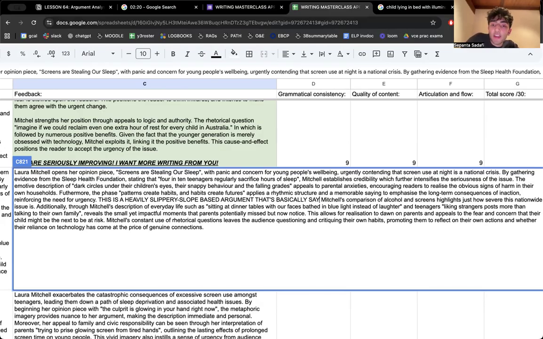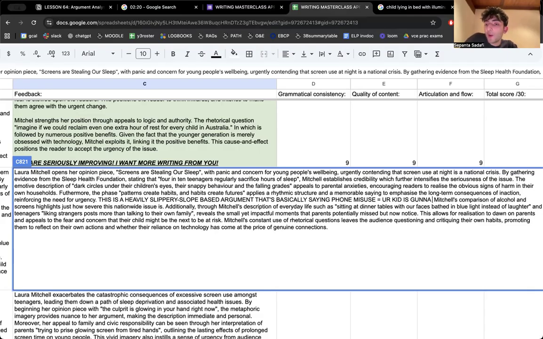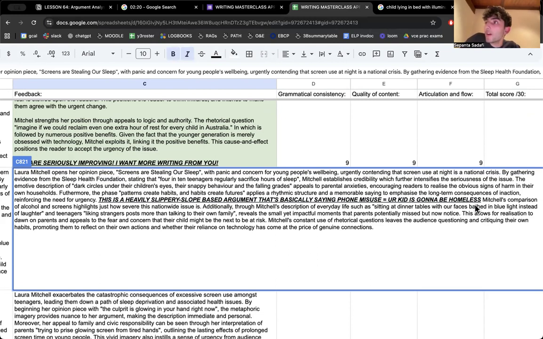That's basically saying phone misuse equals your kid is gonna be homeless. That type of logic that makes you freak out as a parent if you're 45 in 2025 reading a Facebook article, for example. Do you get what I'm saying? That's so slippery slope. So use that type of language.